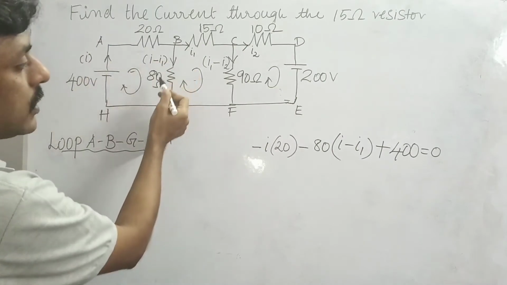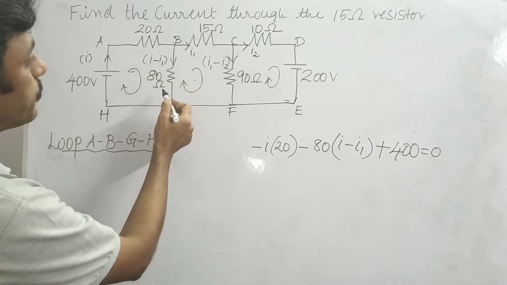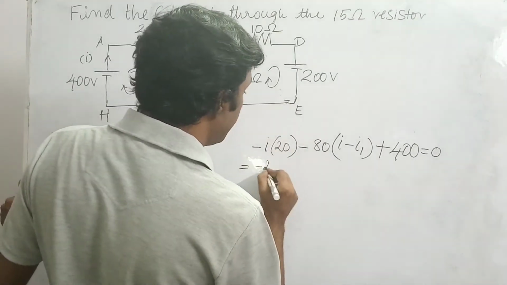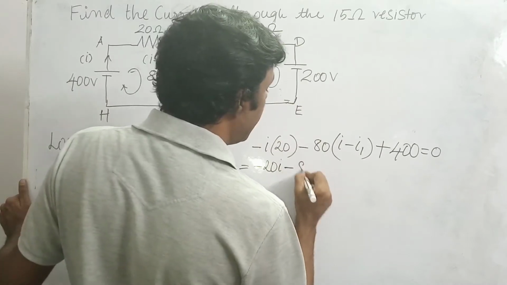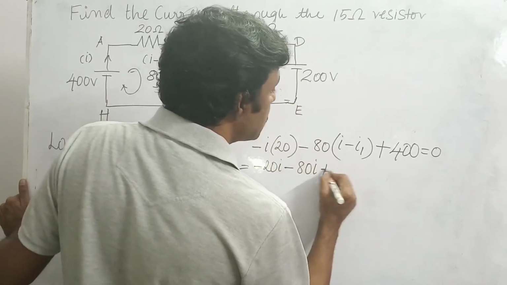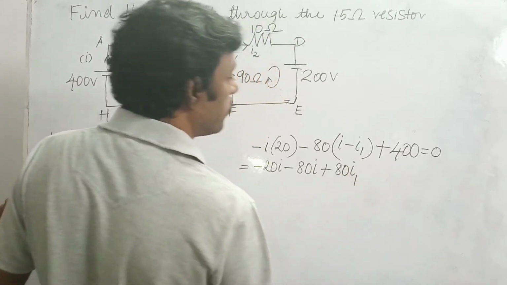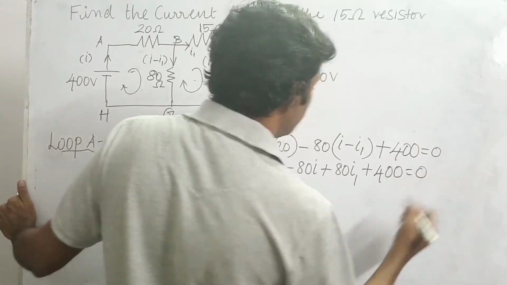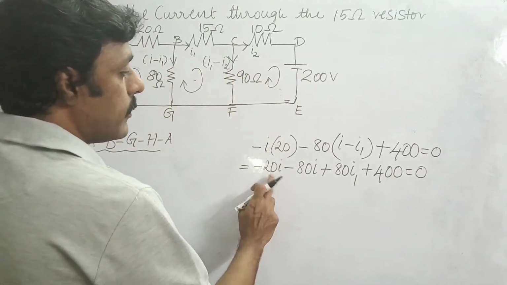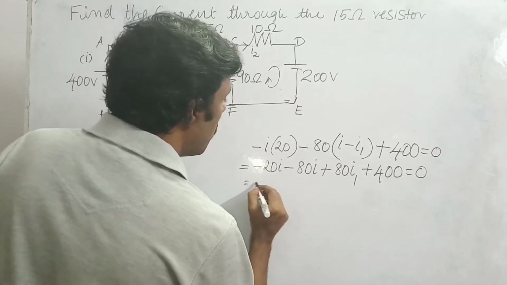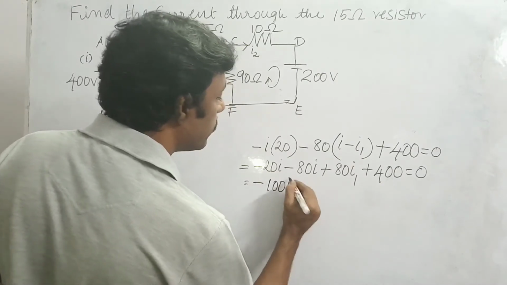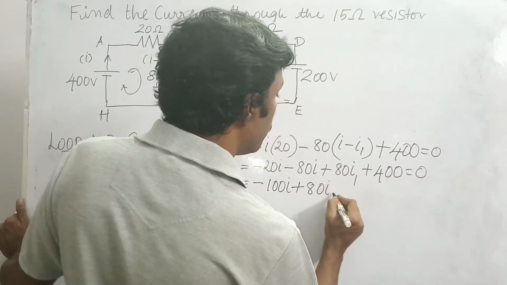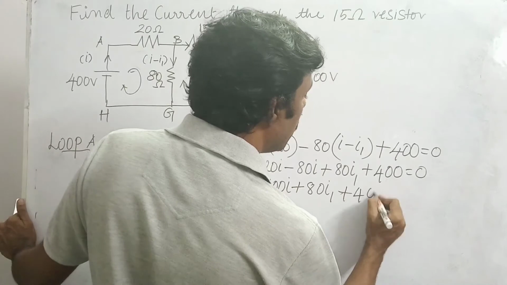Minus I into 20 minus 80 into I minus I1 plus 400 equals 0. So my value will be minus 20I minus 80I plus 80I1 plus 400 equal to 0. Now 80 and 20, it will be minus 100I plus 80I1 plus 400 equal to 0.